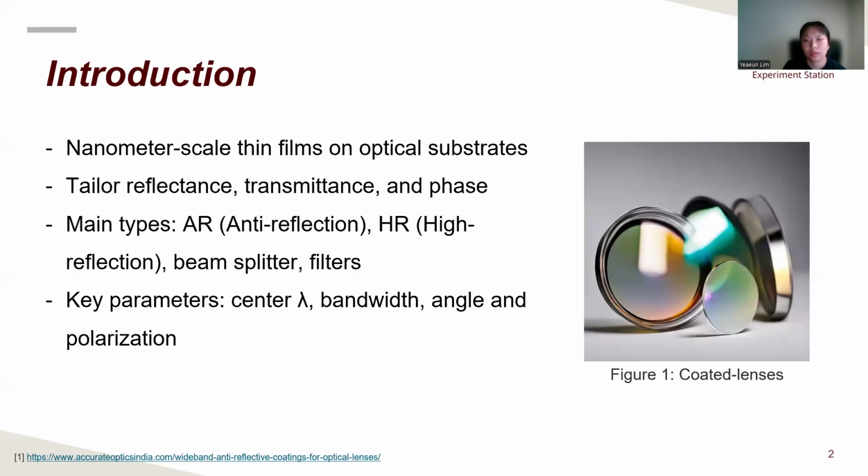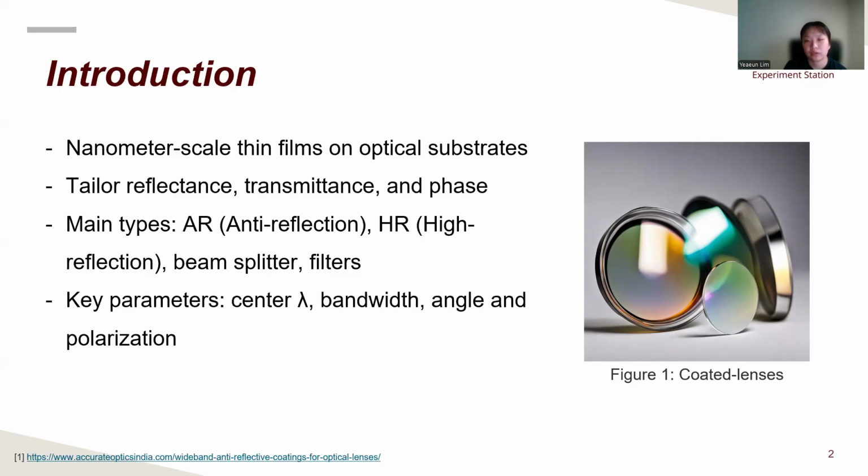Optical coatings are made of nanometer-scale thin films deposited on glass or other substrates. By stacking materials with different refractive indices, we can tailor the reflectance, the transmittance, and even the phase at an interface. The most common types are anti-reflection coatings, high reflectors, beam splitter coatings, and interference filters.